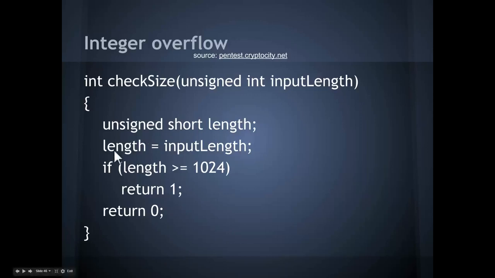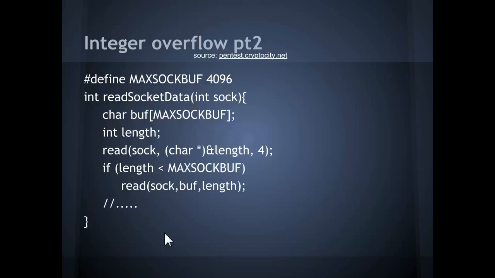Well, if the lower half of the bits of the integer don't evaluate to greater than 1024, we're cutting off all this most significant half. So that could lead to dangerous cases being evaluated as safe. So the next one, and I'll give you time to pause.